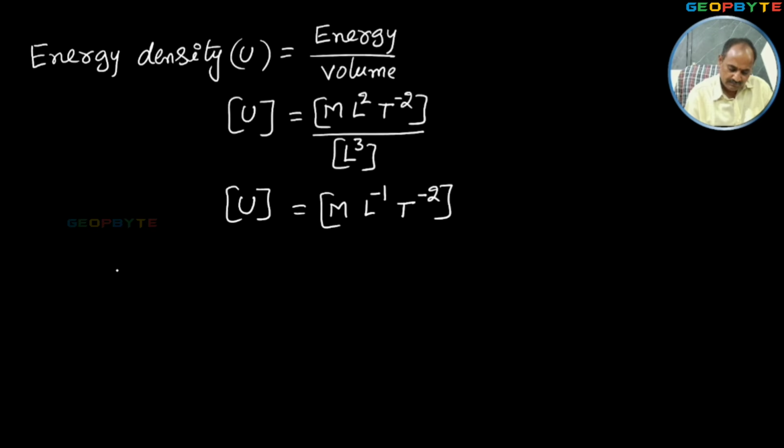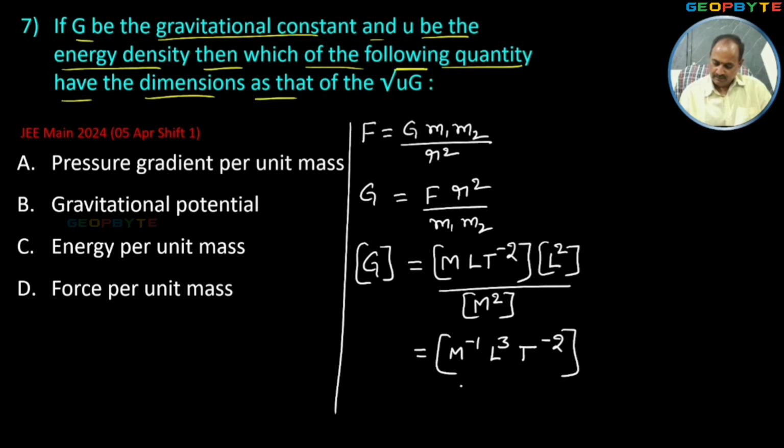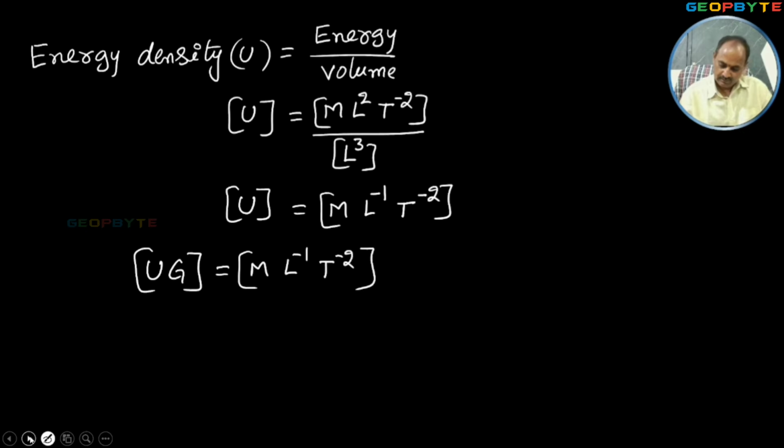Then UG. First let me write for UG. U is M L power minus 1 T power minus 2, G is M power minus 1 L power 3 T power minus 2.